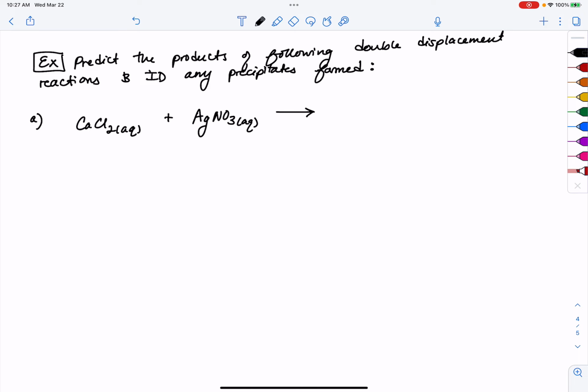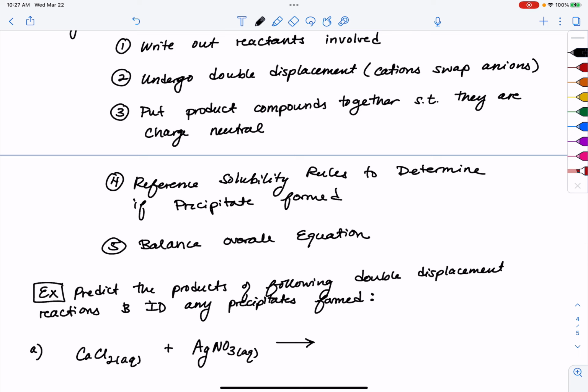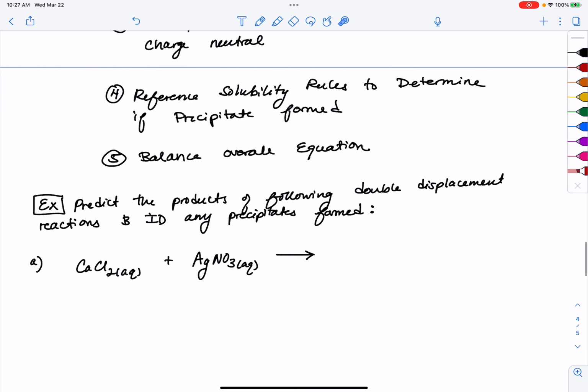So if we're going to first predict the products, we need to write out the reactants involved, which we have done, right? We have these reactants. And then we need to undergo a double displacement such that the cations swap anions.